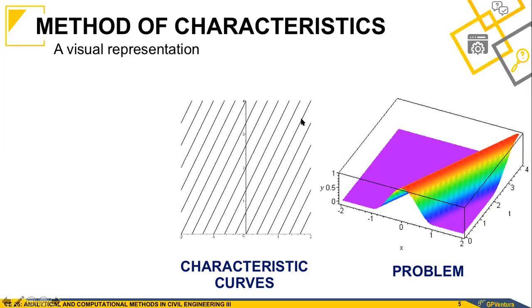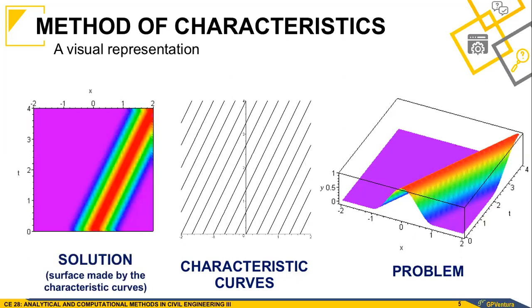So this is what you call your characteristic curve or characteristic equations. And finally, the surface made by these characteristic curves is what we call the solution of the partial differential equation, which we are now interested in.